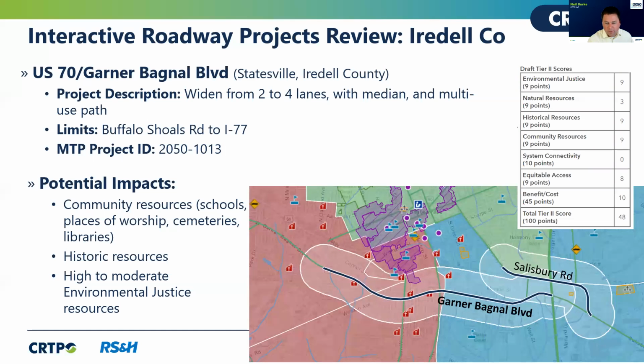Would we be taking right of way from environmental justice sensitive communities? Another measure further down the list is the equitable access criteria. This measures the benefit of improving transportation infrastructure to allow accessibility from environmental justice communities to community resources, employment centers, etc. This project, as well as the other 106 projects that we brought through tier 2, have gone through those 2 specific measures that address environmental justice.